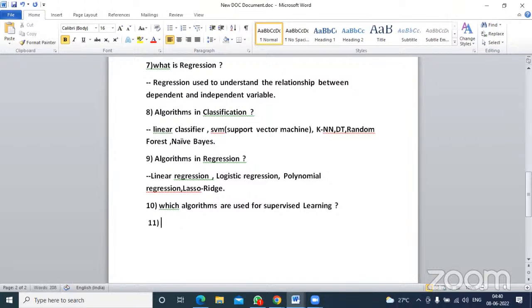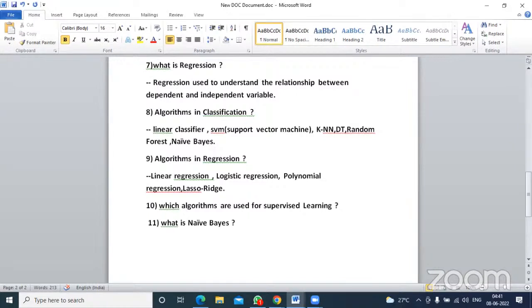I would like to ask the next question: what is naive Bayes? Ensemble, shallow machine learning, black box techniques.